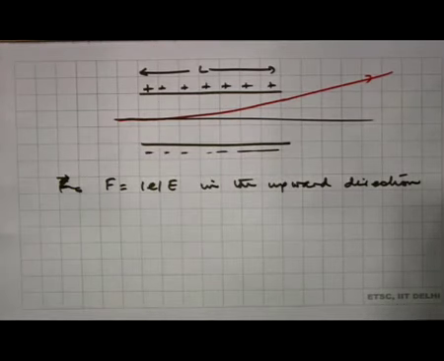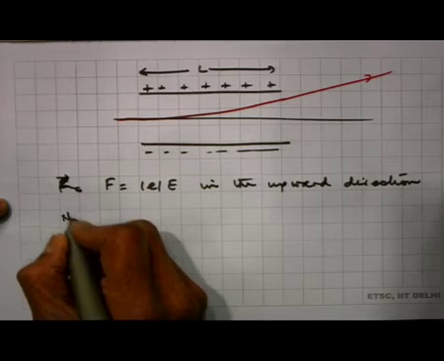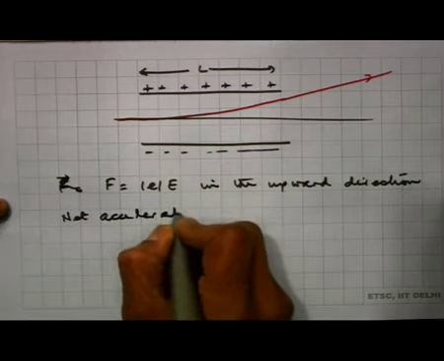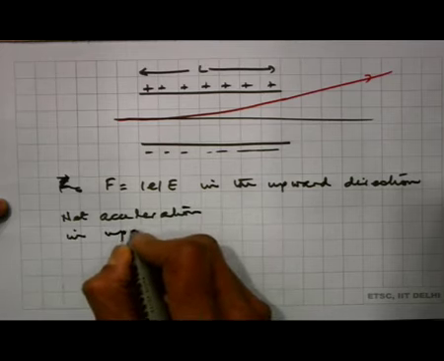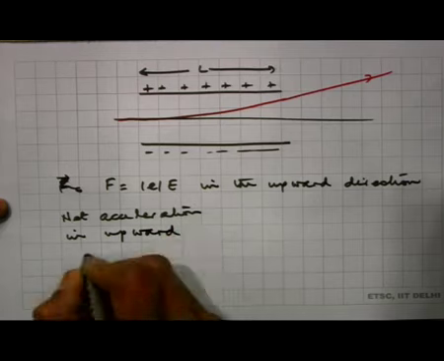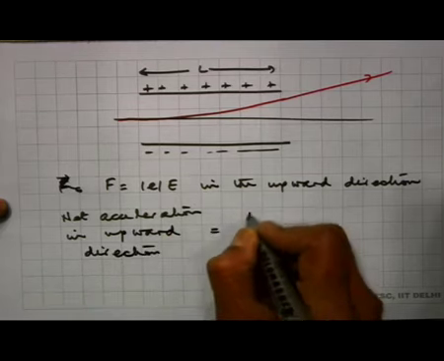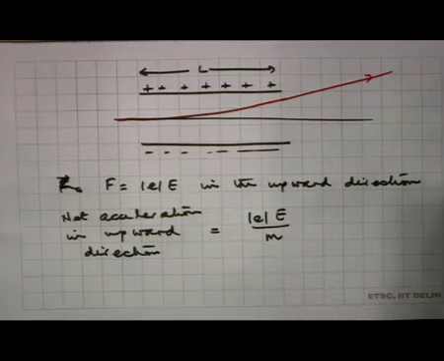Now, this force will tend to shift the electron trajectory in the upward direction. So, this is similar to the motion of a particle in a gravitational field. The net acceleration in the upward direction is equal to mod E e by m, force by mass.